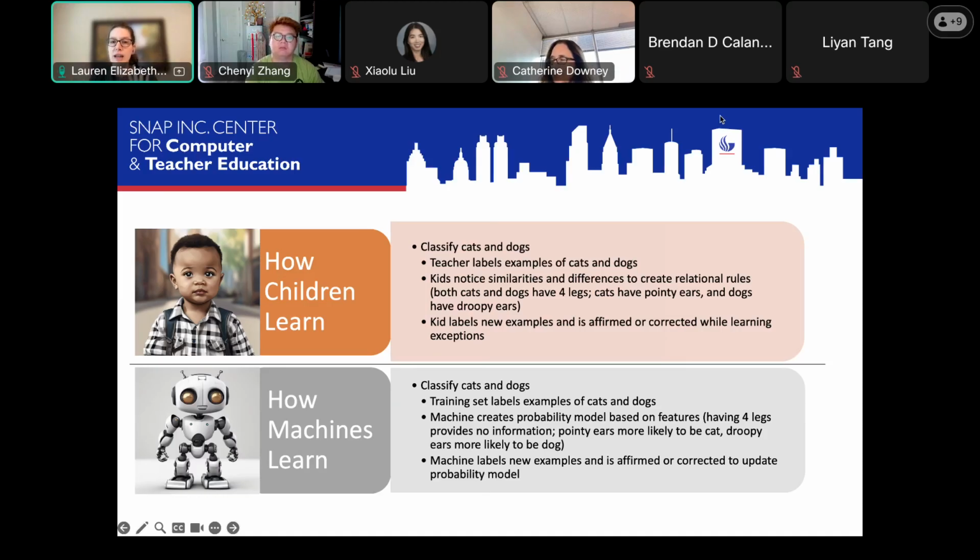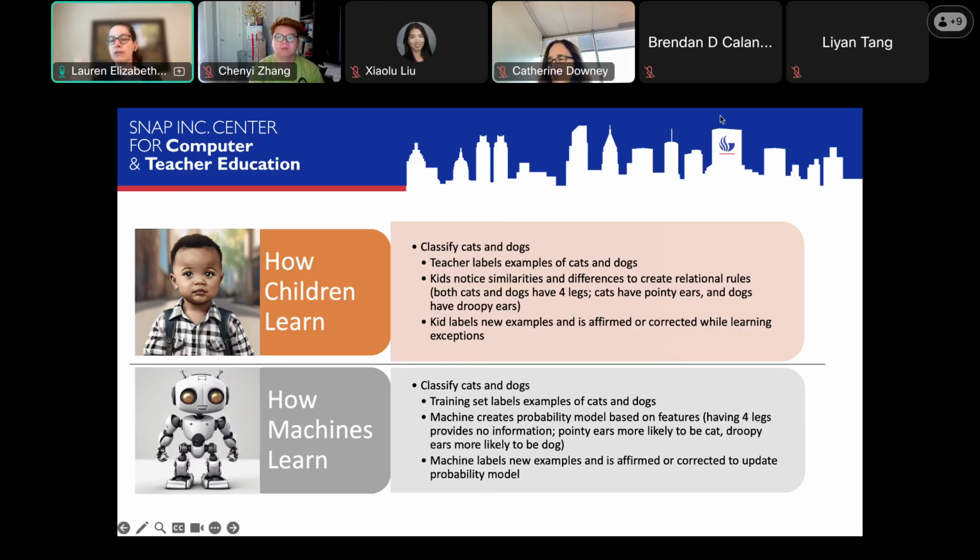And then for a machine, the process looks very similar, at least for an example like this. If a machine is learning to classify cats and dogs, it might get a training set like we talked about for supervised learning that has examples of cats and dogs, preferably as diverse as possible. Then it creates a probability model based on those features.